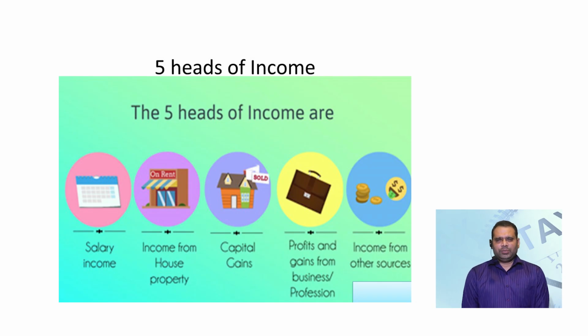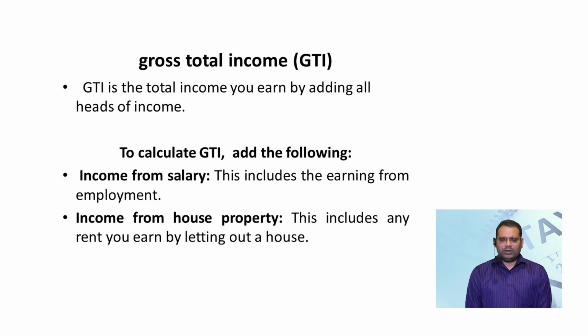We should have a very brief idea about different heads of income. There are basically 5 heads: salary, house property, capital gain, business or profession, and other sources. All these together form gross total income, GTI.